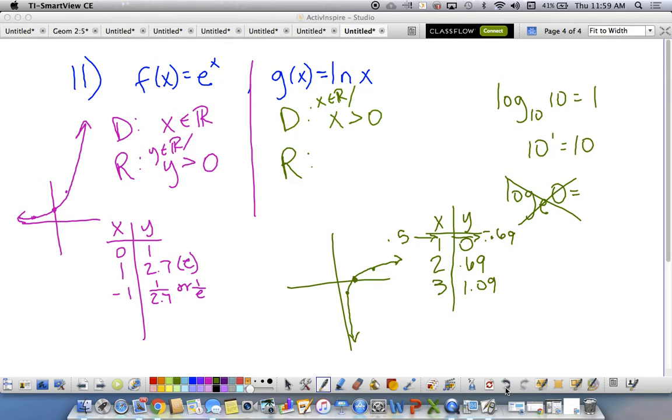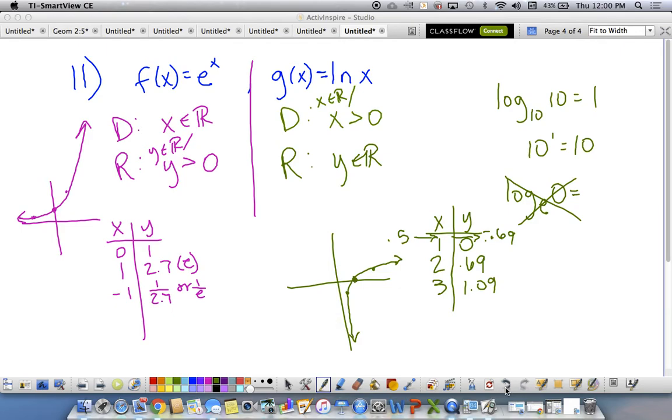It looks like it's going to go forever, so y equals all real numbers. The input, the x's, you can only plug in positive x's, but you can get out negative, and you can plug in as many as you want to see if you get something opposite.